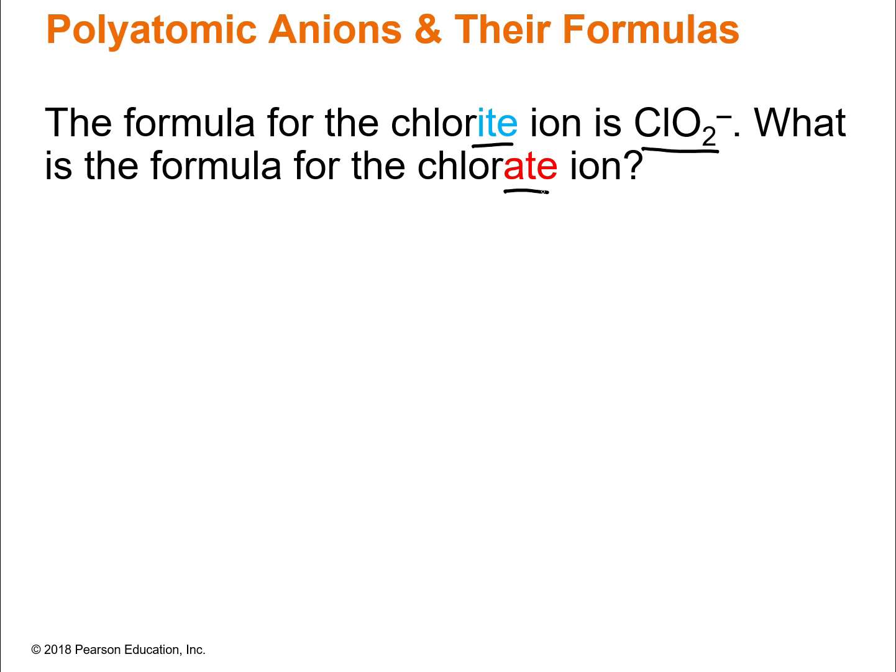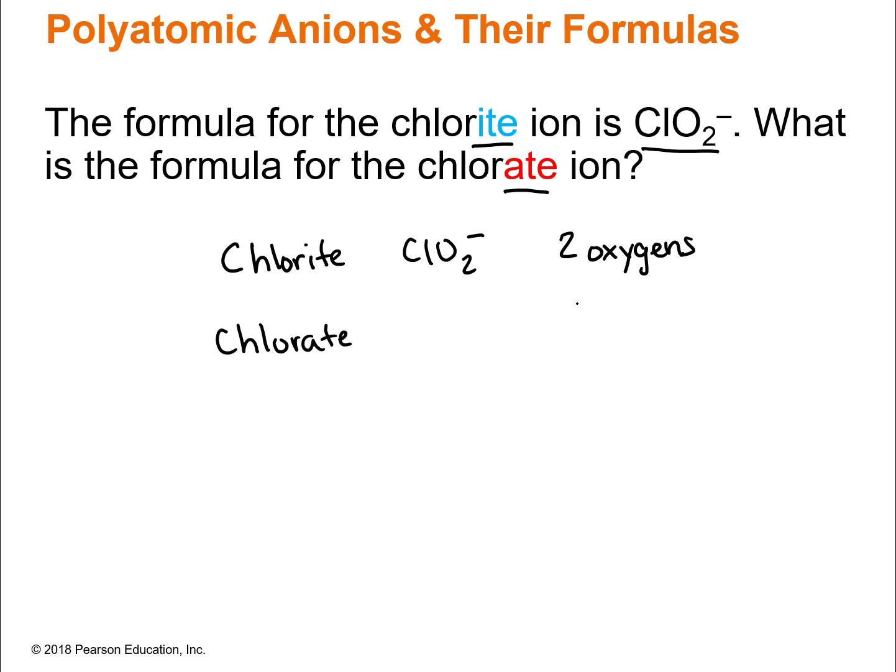Yeah, it should be ClO3 minus. So the chlorite has 2 oxygens. Chlorate should have 2 plus 1 more oxygen. And it has the same charge.